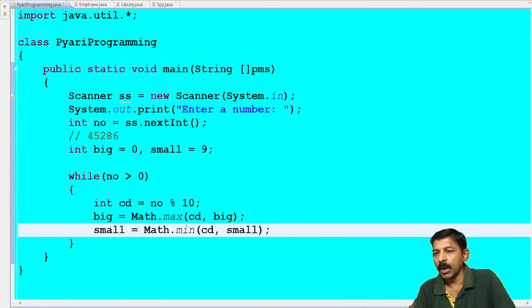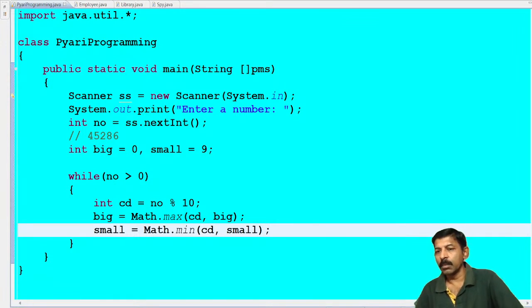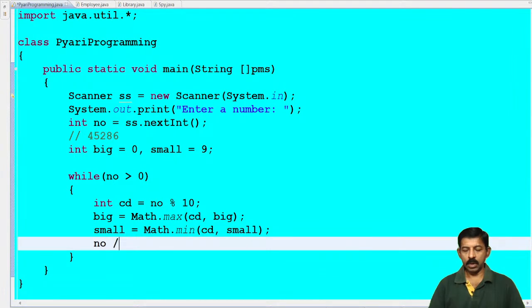Swastik, reduce the number. No, sir. Dipti, no, sir. No, fine. We have to reduce the number. What should I do to reduce the number? NO is equal to NO by 10. Good. So the next job is NO divide equal to 10 to reduce the number. Fine.